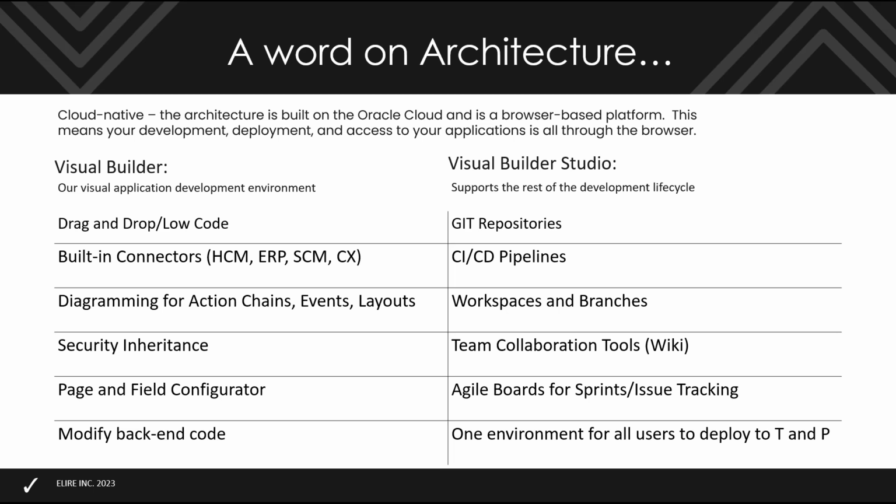So we've got the actual Visual Builder where we're creating those pages, and then the Studio gives us all those additional features, which are really great. I've heard some people mention that the studio could be used even without creating the application with the features that it offers for project management and issue tracking.